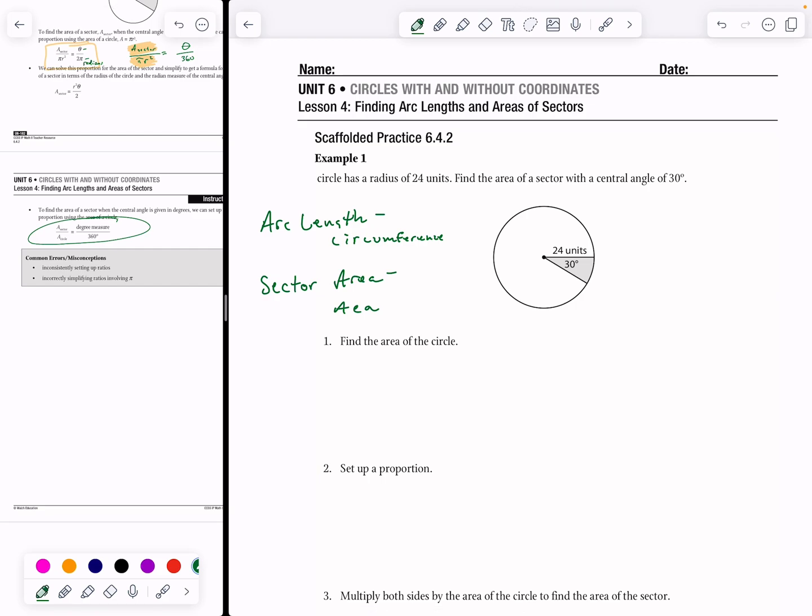The circle has a radius of 24, and they give us degrees here, 30 degrees. So I'm going to do 30 over 360 equals S, for sector, over pi r squared. Let's change r to 24.